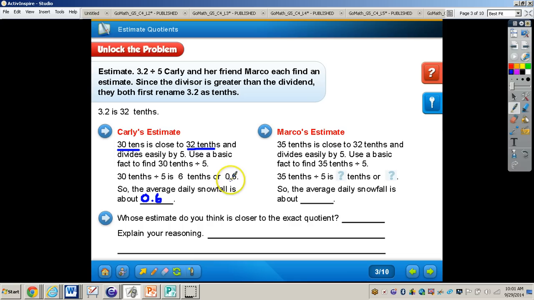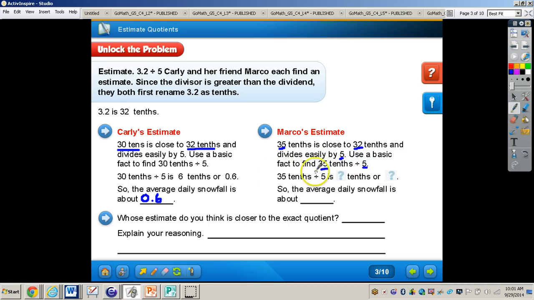Now, Marco's estimate, you have 35 tenths is close to 32 tenths. So instead of going to 30 as a compatible number of 5, Marco did 35. Okay, so 35 tenths is close to 32 tenths and divides easily by 5. So we use a basic fact to find 35 tenths divided by 5.